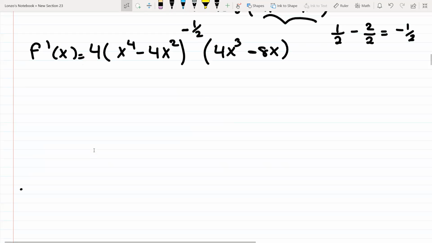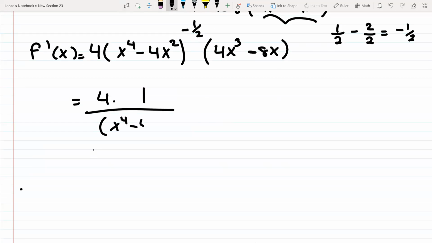And let's see. When you simplify this, you could put this negative power as a positive. So it's like saying 4 times 1 over x to the fourth minus 4x squared to the 1/2, and then times 4x cubed minus 8x.